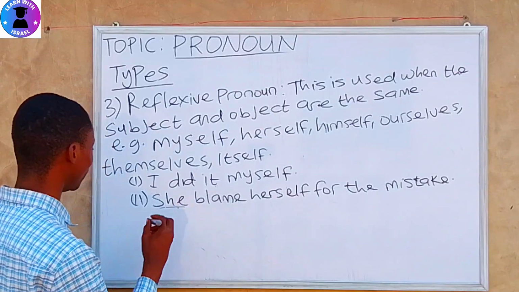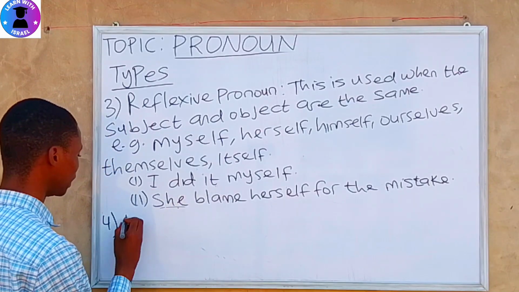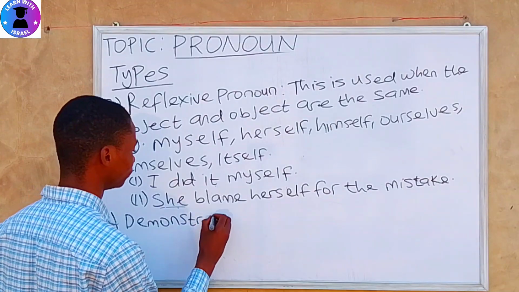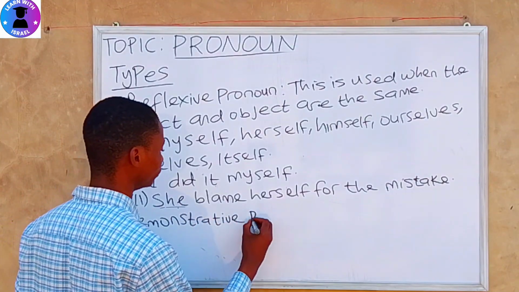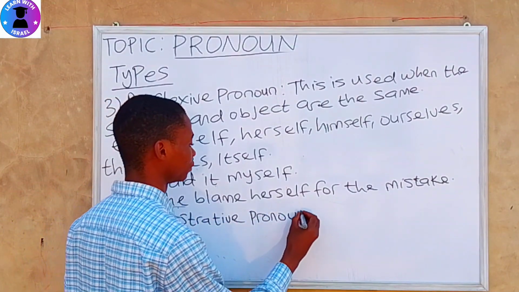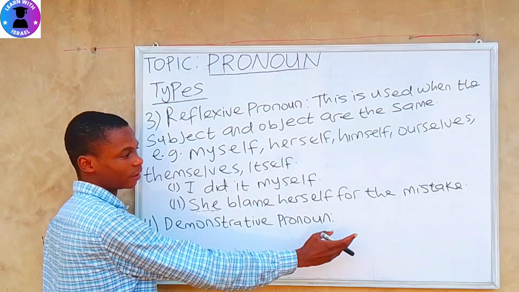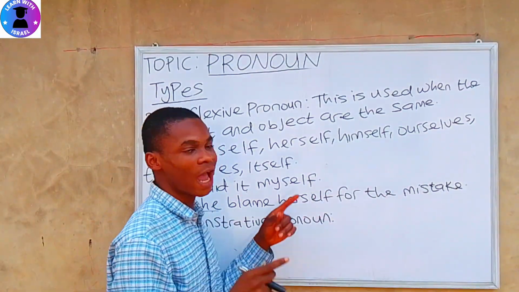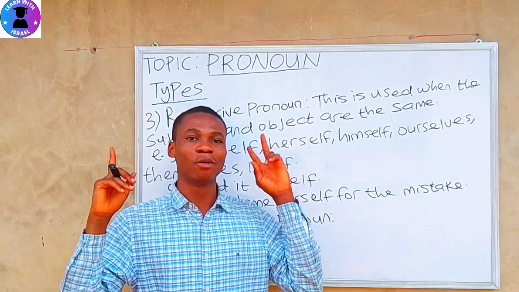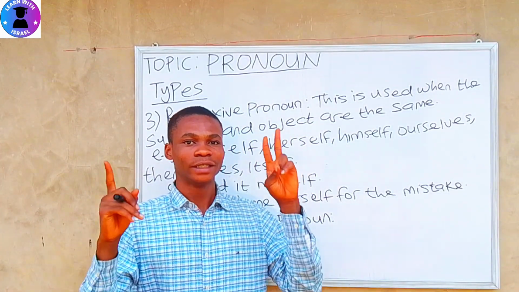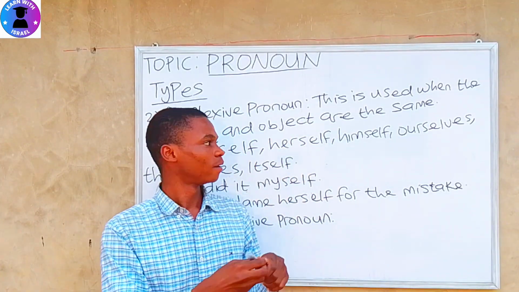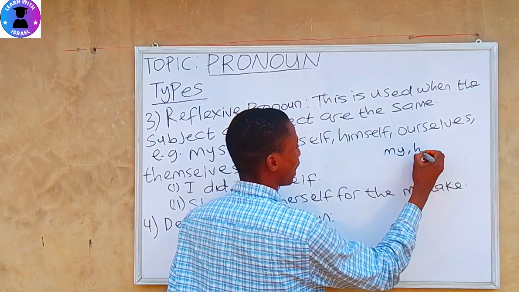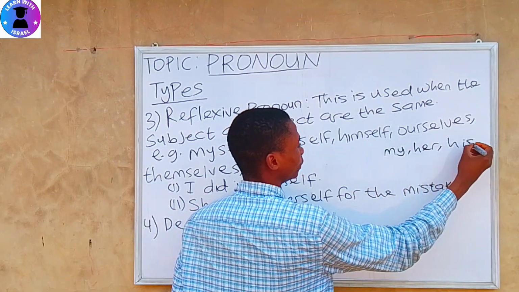So let's move to the next pronoun, which is demonstrative pronoun. Before we continue with demonstrative pronoun, for the examples of reflexive pronoun that we have here, I don't want you to confuse them with possessive adjectives. Possessive adjectives, for example, my, our, his.